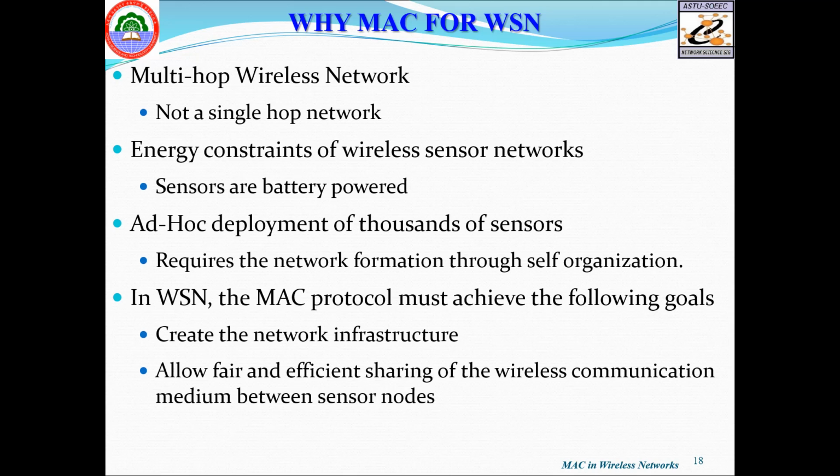So instead of these protocols, we need new protocols to support these particular features. Once deployed, these networks will have to form their own network infrastructure and topology, and they should allow fair and efficient sharing of the medium that is shared by the sensor nodes in this network.